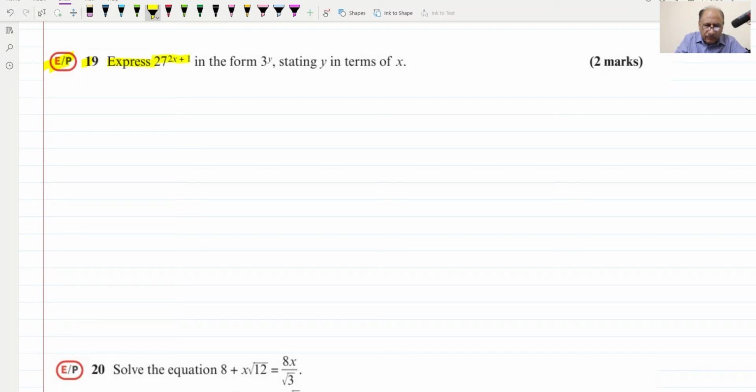Express this in the form of 3 raised to the power y, stating y in terms of x. So it is a 2 mark question. We can rewrite 27 raised to the power 2x plus 1. 27 can be written as 3 raised to the power 3.